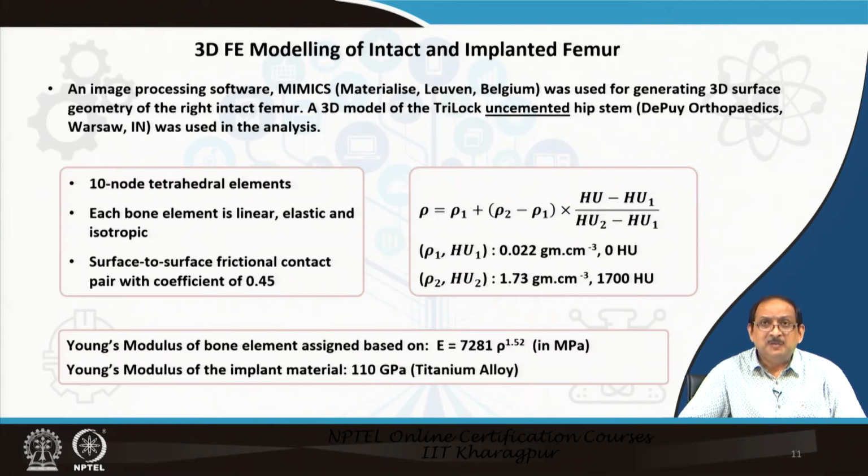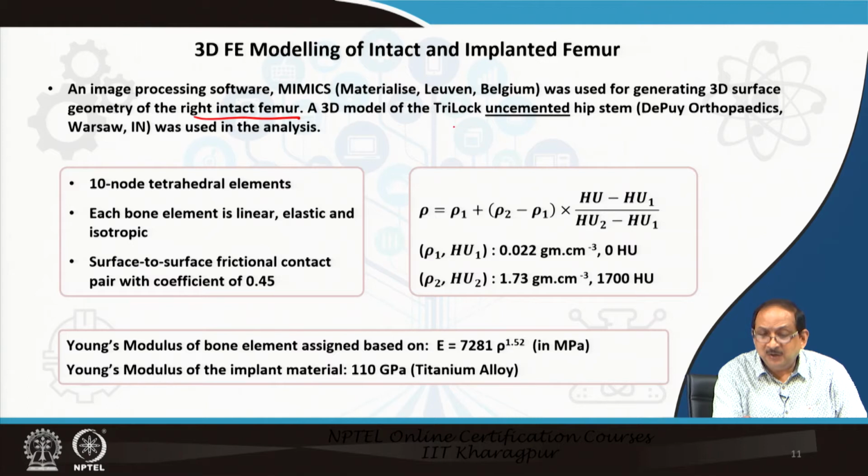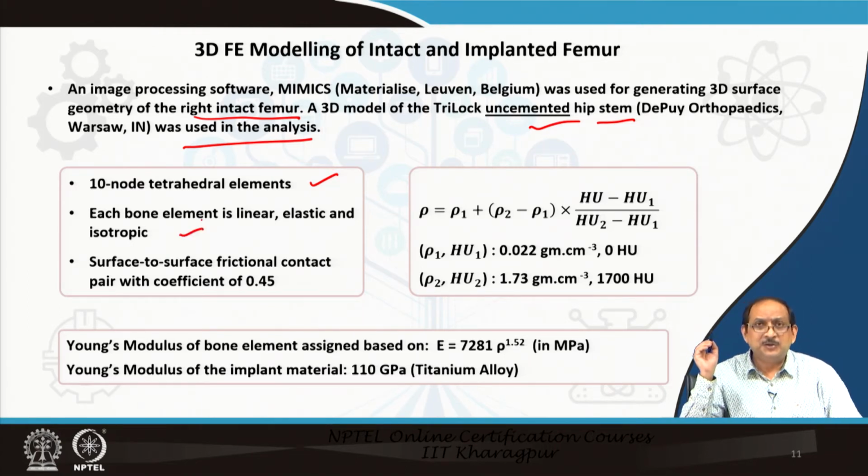An image processing technique using Mimics was used to generate the 3D surface geometry of the right intact femur. A 3D model of the Trilock uncemented hip stem was used in the analysis. The model was meshed with 10-node tetrahedral elements. Each bone element is assumed to be linear, elastic and isotropic.